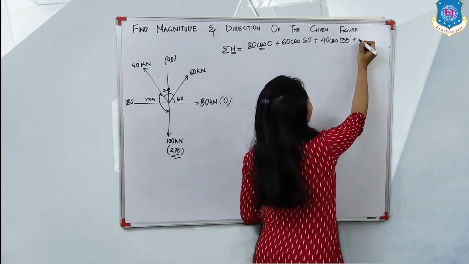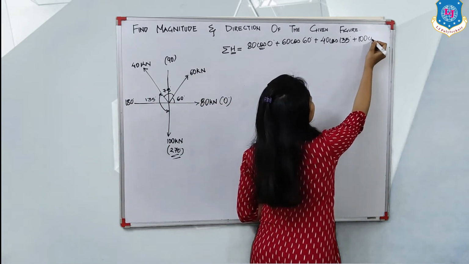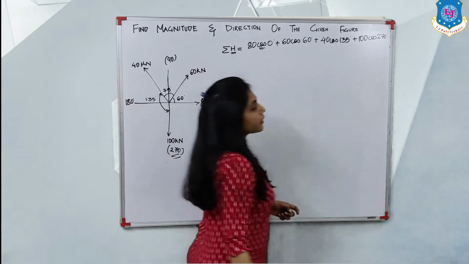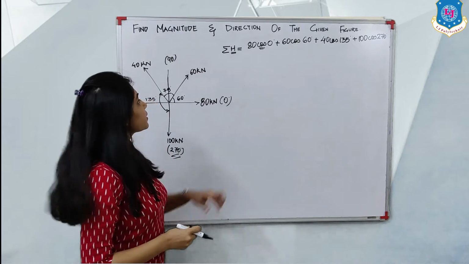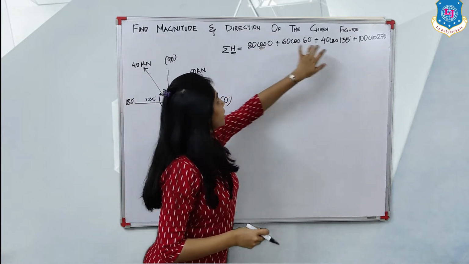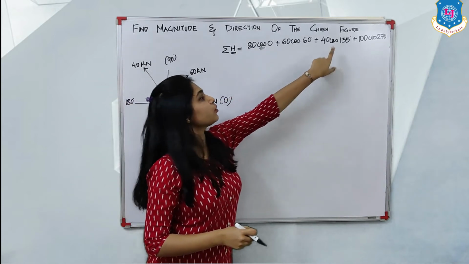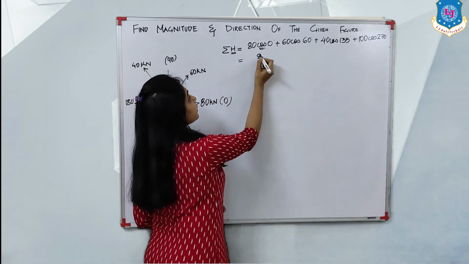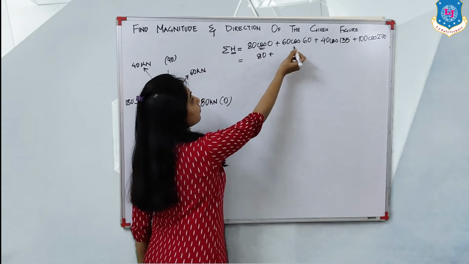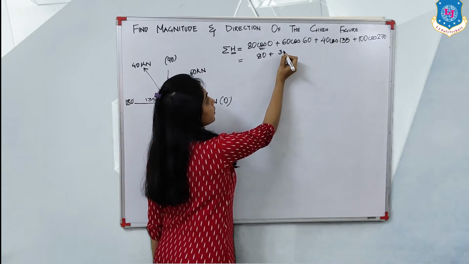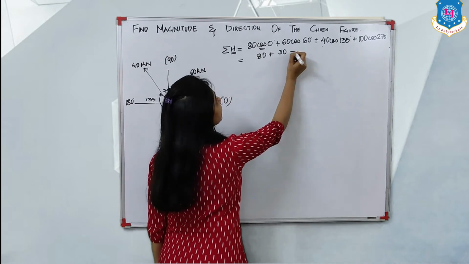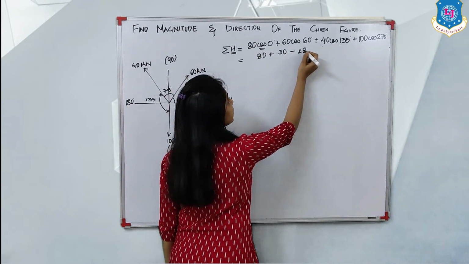So here I can write 100 cos 270 degree. Now the next step is to substitute these values. Individually we will have to write their answers. So here I get 80 plus 30. Now if I calculate this, I get my answer in negative.